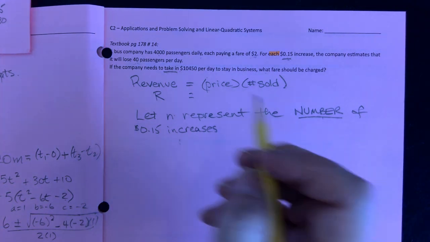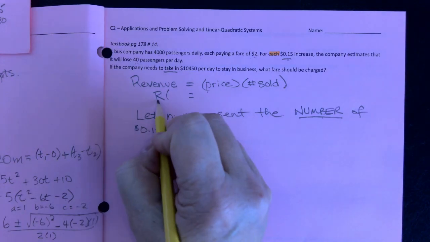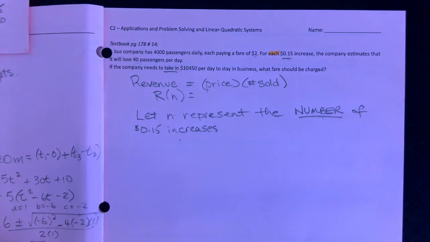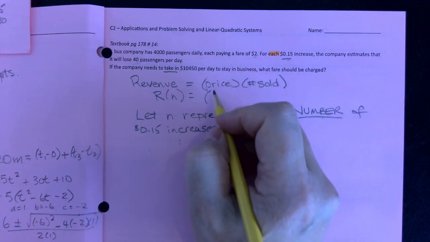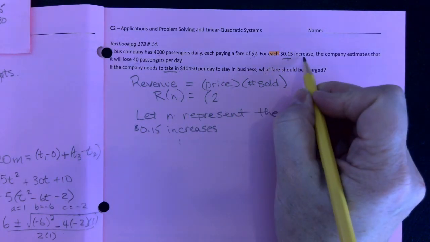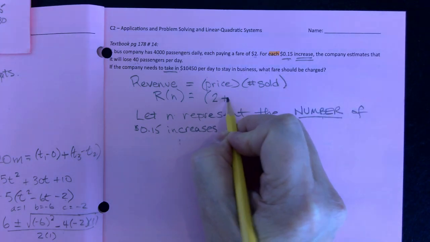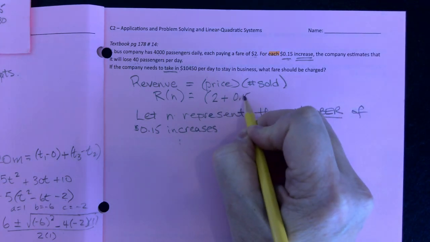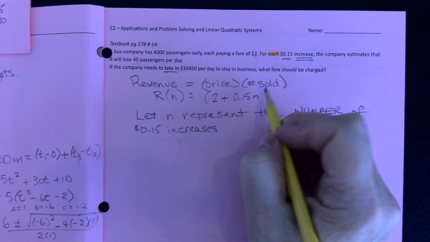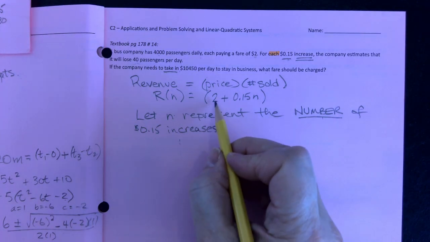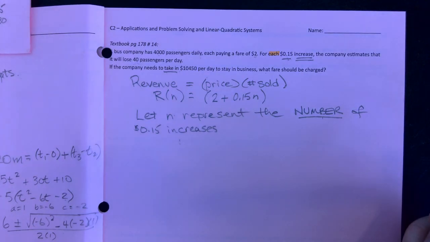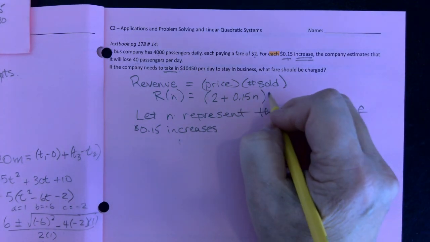So my revenue function for this would be revenue as a function of the number of times I increase this price. The price would be $2. Increase means plus some number of 15-cent increases. That's the price. Current price plus some more, but I don't know how much yet.